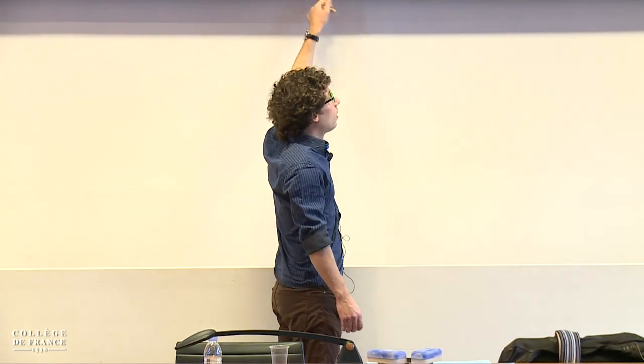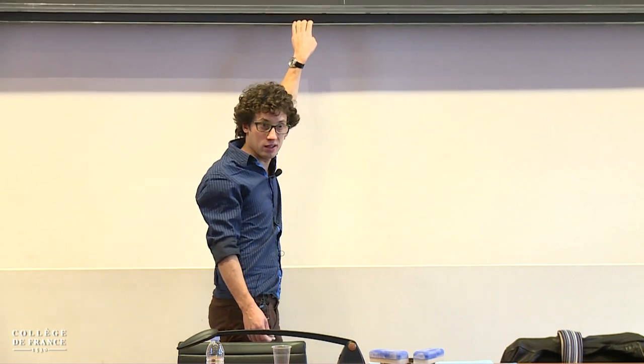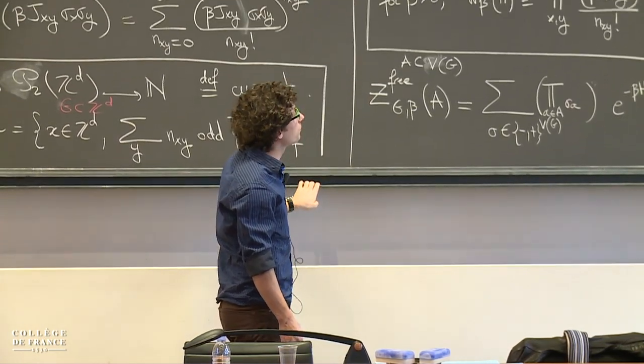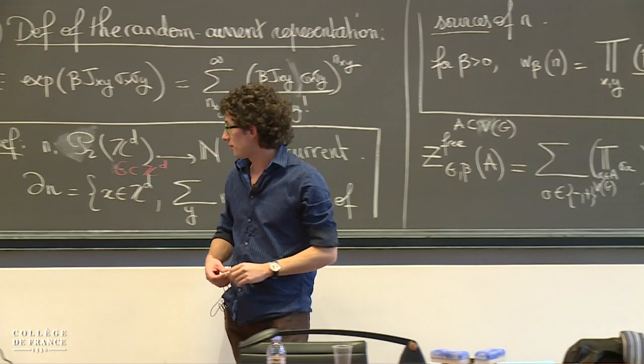I can define on G union this ghost the same random current.